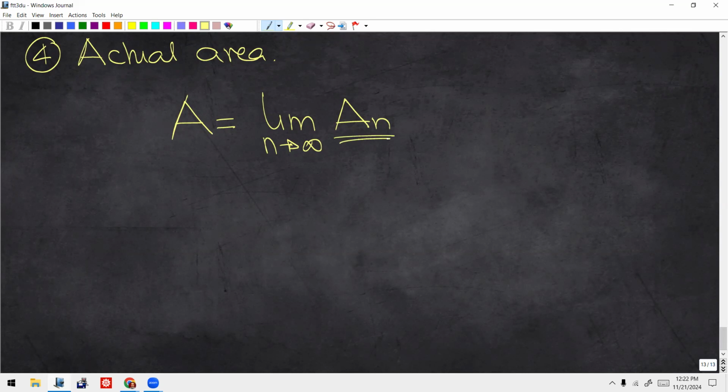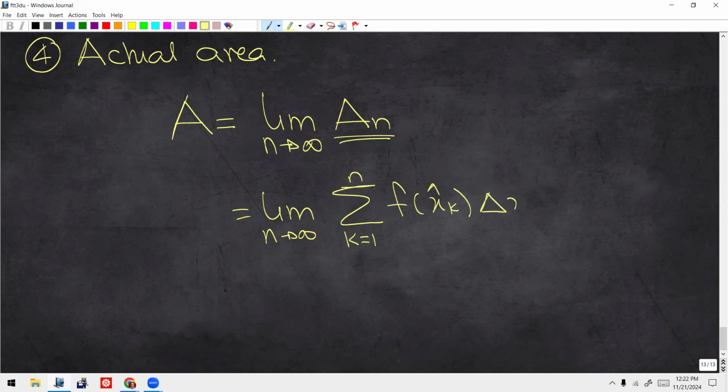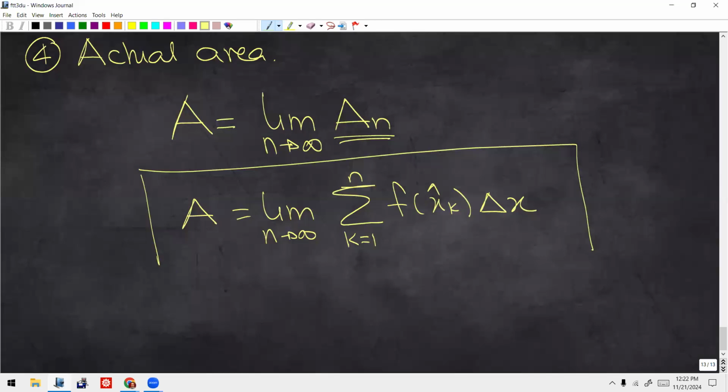I have a formula for this. I'm going to replace this with that formula, which is, what was it? It was the summation k equals 1 to n of f of x hat sub k times delta x. And this formula will give us the exact area. You guys follow?